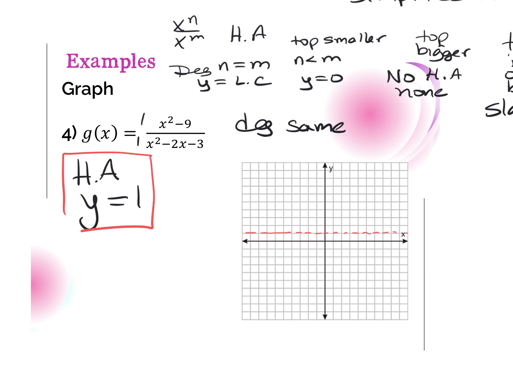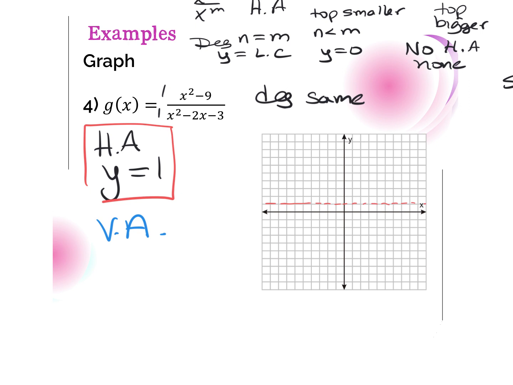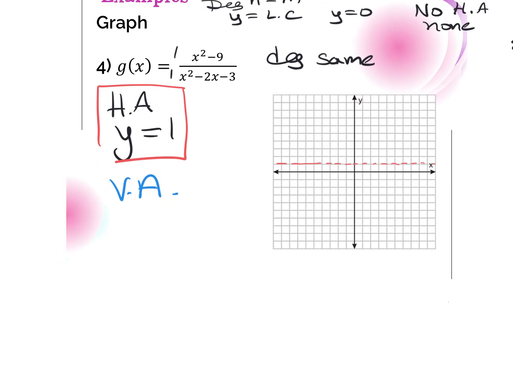For my vertical asymptote, I'm setting the denominator of the simplified function equal to 0. So the first thing I need to do is simplify this. I can factor it and look for factors to cancel. The numerator is the difference of 2 squares, so x plus 3, x minus 3.